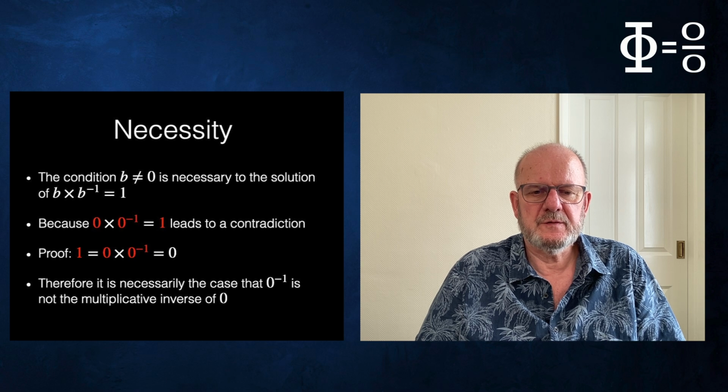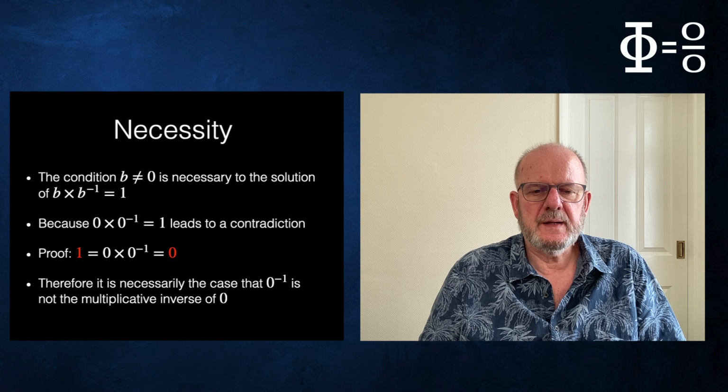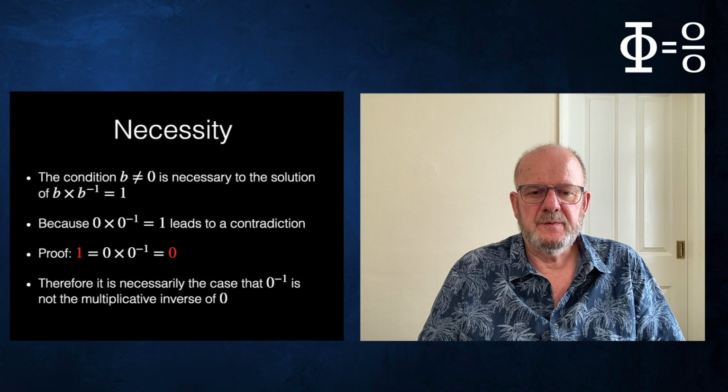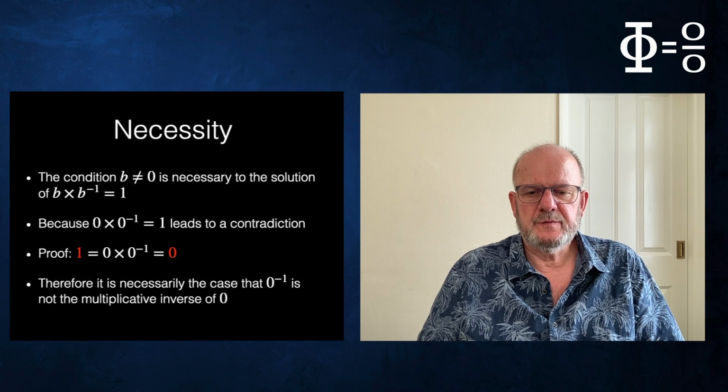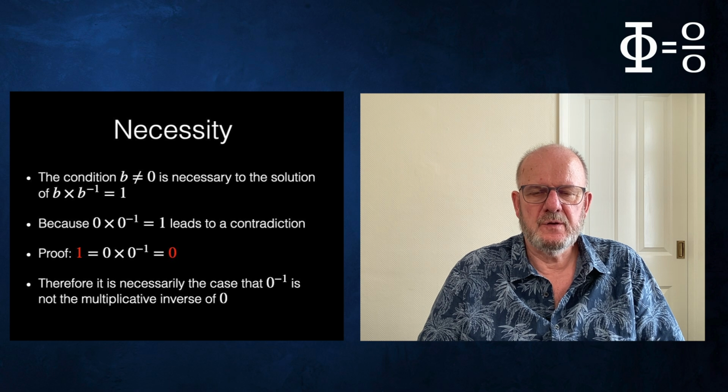We start off by assuming that 1 equals 0 times 0 to the power minus 1, but 0 times anything equals 0, and so we get the contradiction 1 equals 0. As we can't have a contradiction, it proves that it's necessarily the case that 0 to the power minus 1 is not the multiplicative inverse of 0.